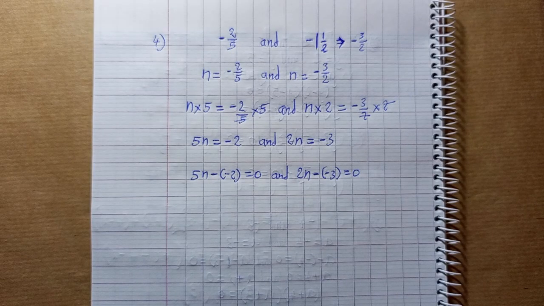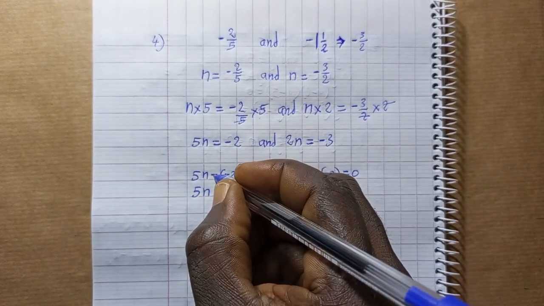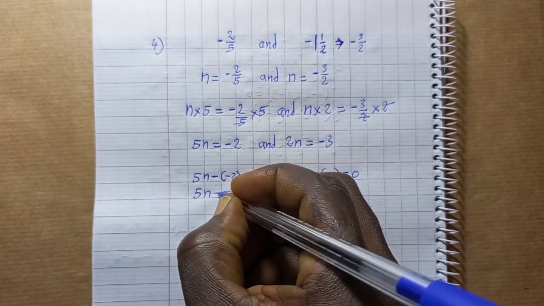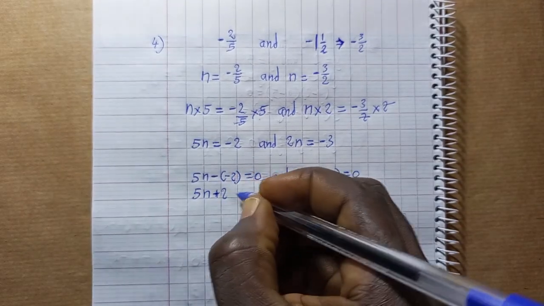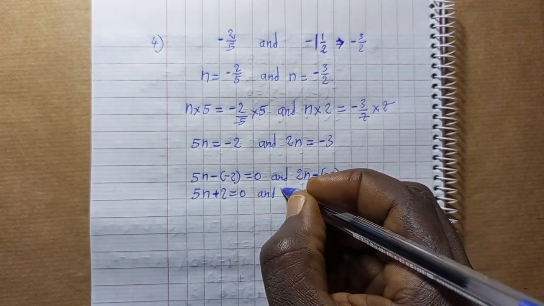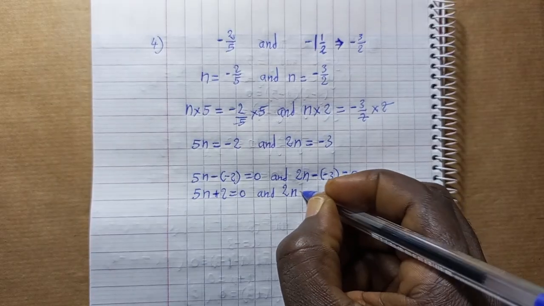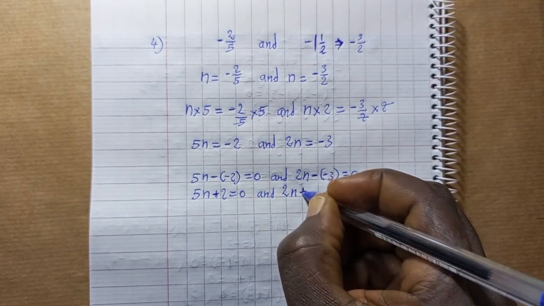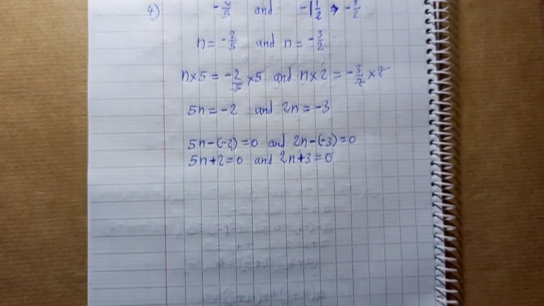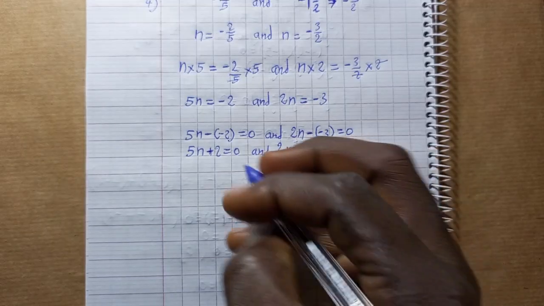Then we have 5n minus, we affect this minus in bracket, so 2 becomes plus 2 equals 0, and 2n minus, we affect minus, becomes plus 3 equals 0. So the next step here is to multiply the two of them and equal to 0.